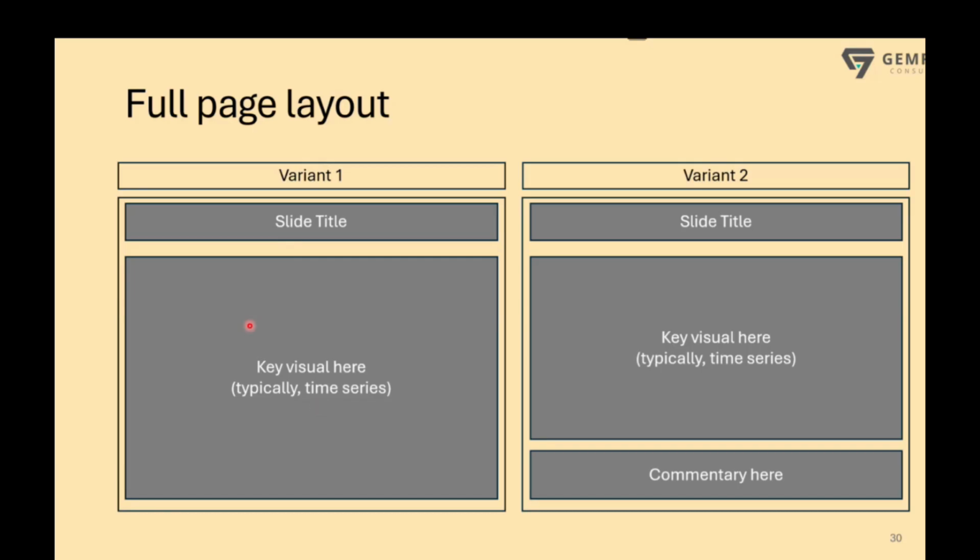Then you just put your commentary here, call it a day, finish in 1 minute, and move on to the next slide. Sometimes you may want a little bit more explanation. After your line chart, you can have your commentary of extra notes that you want to add on, and your slide title, which is again your anchor statement.